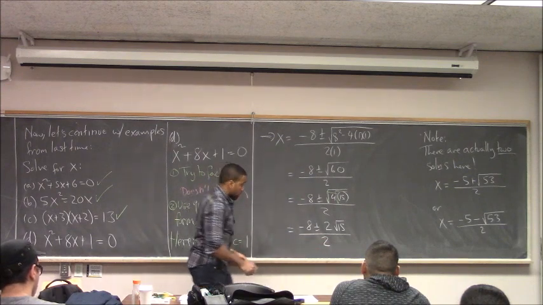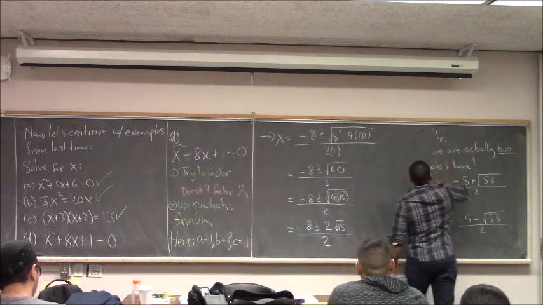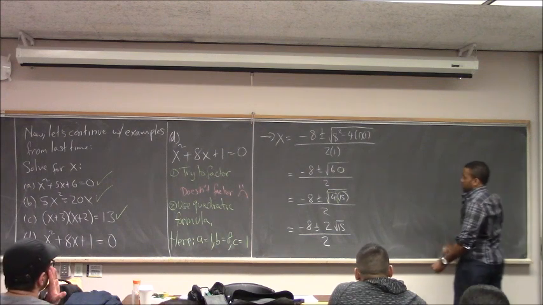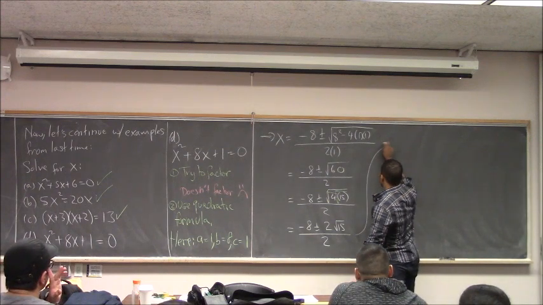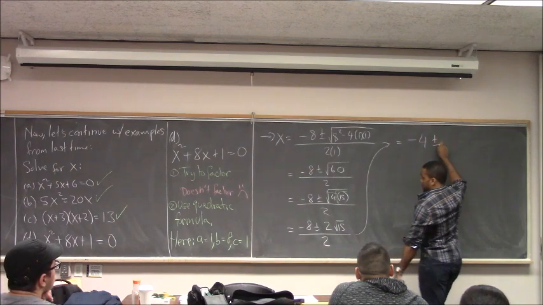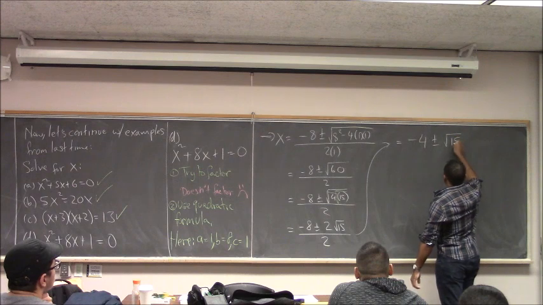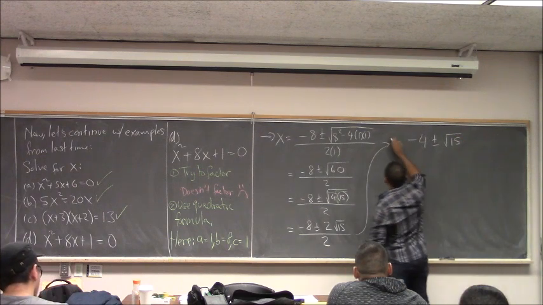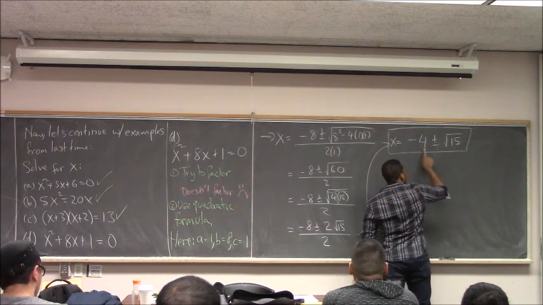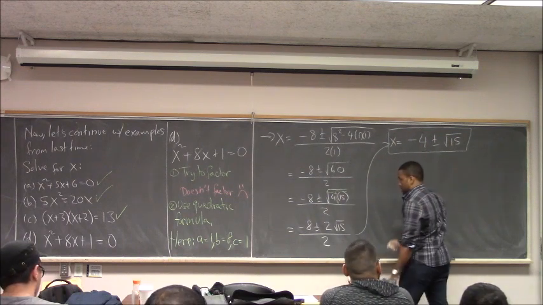And so a nice way to write this one would just be to divide 2 into each part: minus 4 plus or minus radical 15. And so that would be your x. And again, notice that these are two solutions. You have minus 4 plus the radical and minus 4 minus the radical.